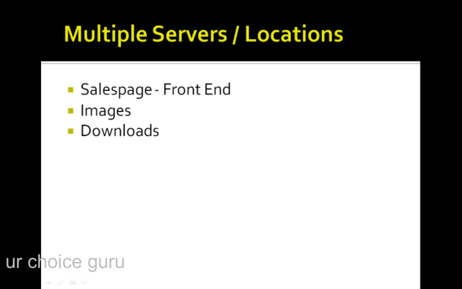And we had one site that received almost 1 million hits, and it was a 6-figure launch. It was a very good launch, but we received almost 1 million hits within a week span. And in doing so, we used the same method. The front sales page is on one server, images are on another server, and downloadable files are on another server, and it all worked out. It was always up and running.